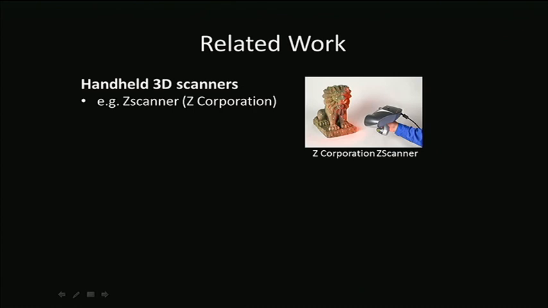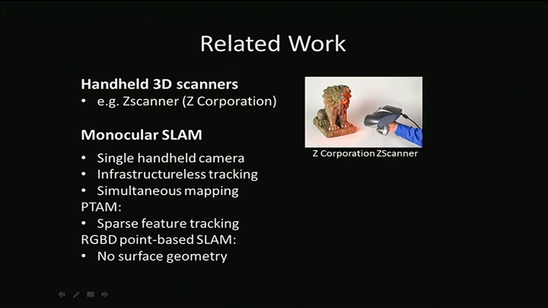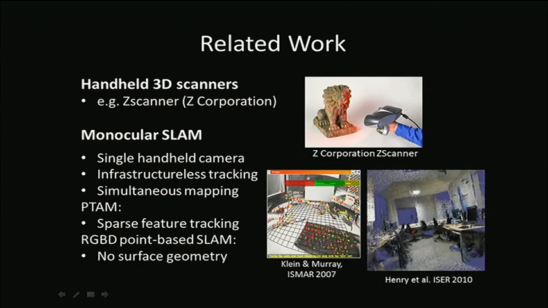This is some related work. This is slightly more precise, but we found a good trade-off between speed and quality. And there's also a considerable amount of work in the area of SLAM, as I said, simultaneous localization and mapping in robotics and computer vision. There, a single camera is used to extract features from motion in the image.